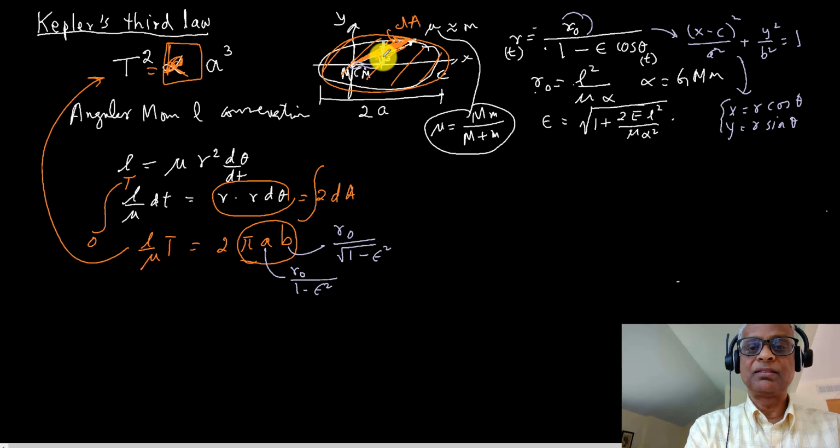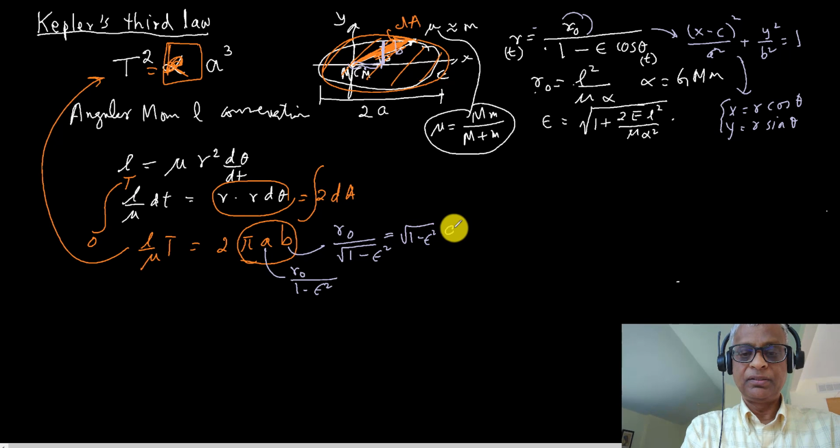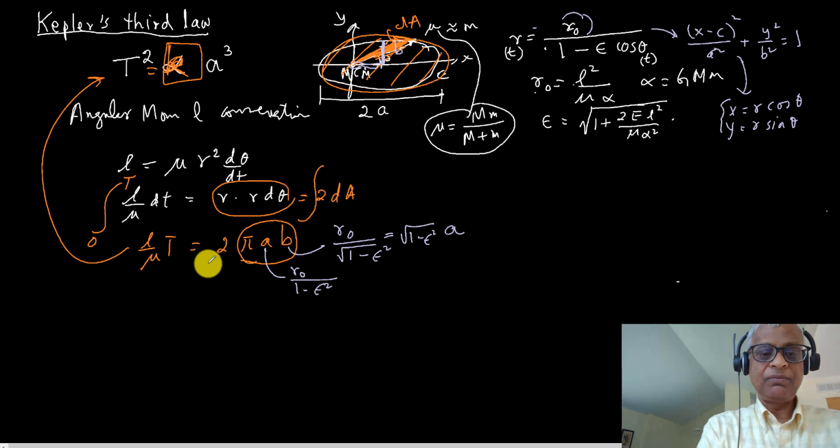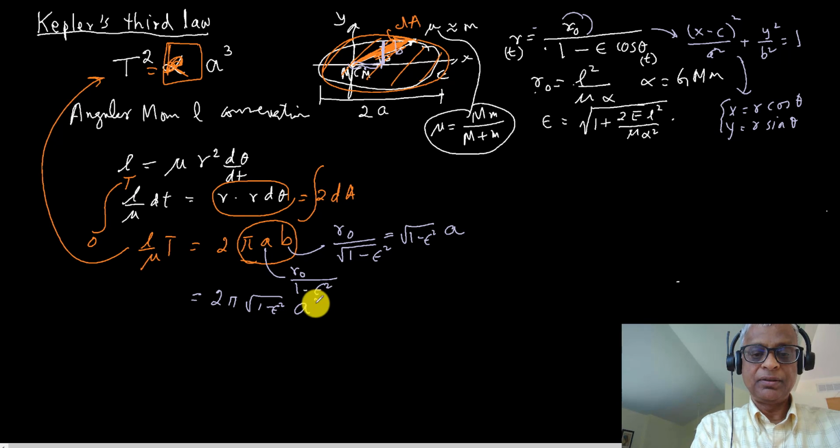Now, I can write b equals the square root of 1 minus epsilon square times a. Then I can write everything in terms of a, so this is like 2 times pi times the square root of 1 minus epsilon square times a square.